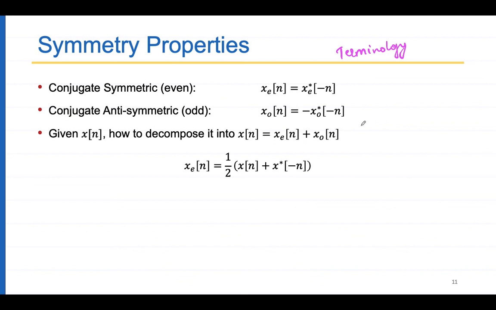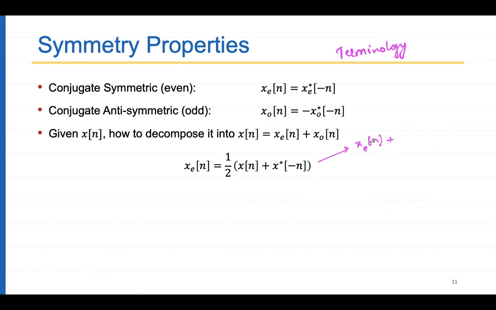X even is basically x of n plus x of minus n, and you average the two, right? Similarly here, x conjugate symmetric of n is x[n] plus x star of minus n, halved. You can verify this. You see from this formula I can say x even n.